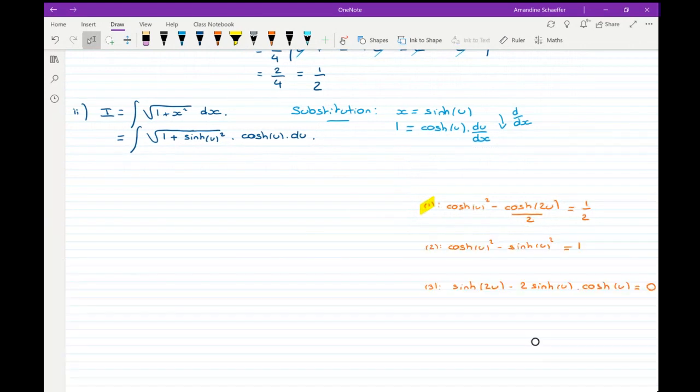You see a square root of 1 plus sinh squared, so we're going to use the second one there, which says that 1 plus sinh squared equals cosh squared. So the indefinite integral of the square root of cosh squared.